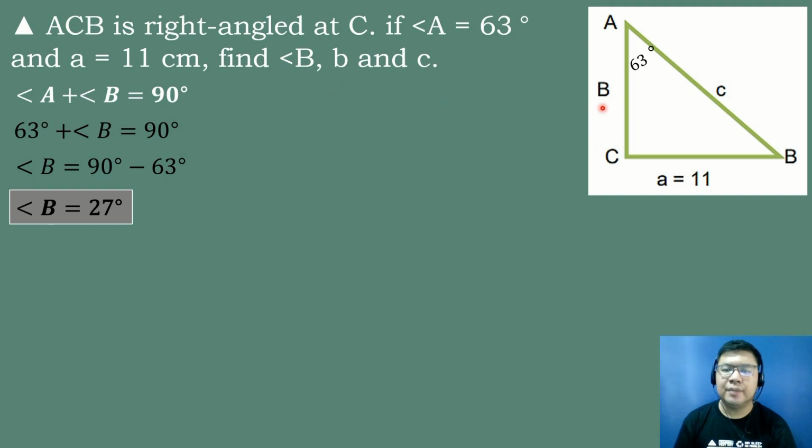So to compute for the measure of side B, let's look at the given figure and see what is the available given. We need at least two given. So the available given here is 63 degrees and A is equal to 11. So we need the opposite side, and we are computing for the value of side B, so we need the adjacent side.